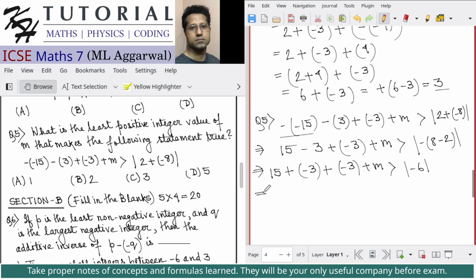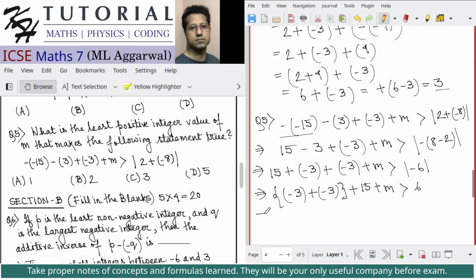Now I have to do 15 plus negative of 3 plus negative of 3. I will group the negative terms, minus 3 plus minus 3, and then I have plus 15, plus m greater than the absolute value of minus 6, which is 6.